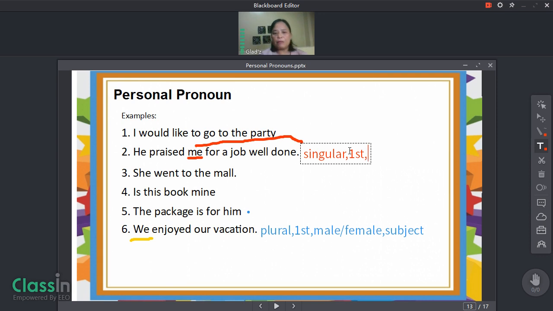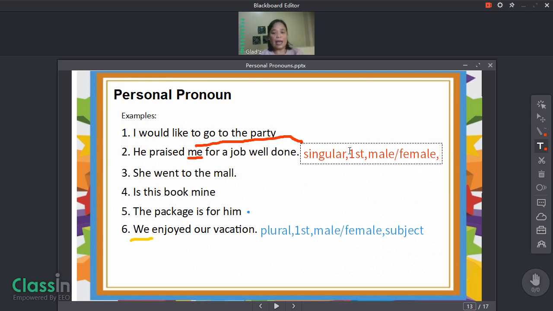And then, is it male or female? He praised me for a job well done. We cannot identify whether it is male or female, so let's write either male or female. And how is it used in the sentence?